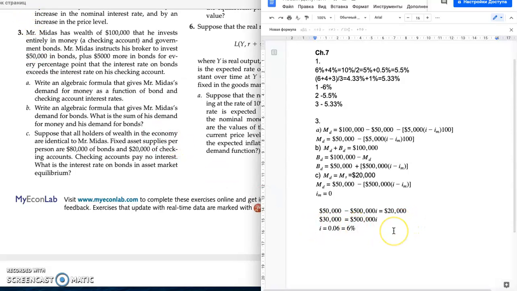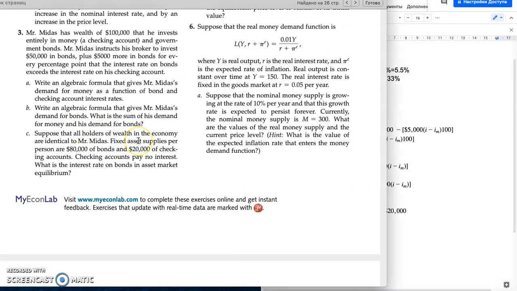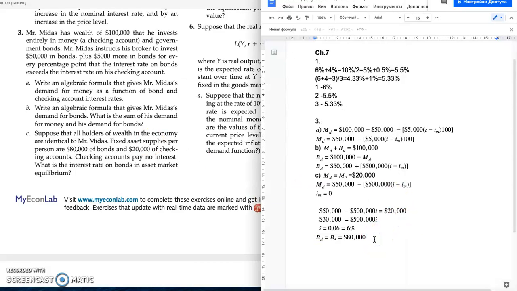So let's check it using bond demand and bond supply. When the asset market is in equilibrium, bond demand and bond supply are equal to each other, and equal to 80,000 according to the equation. So we have the bond demand equation like that.